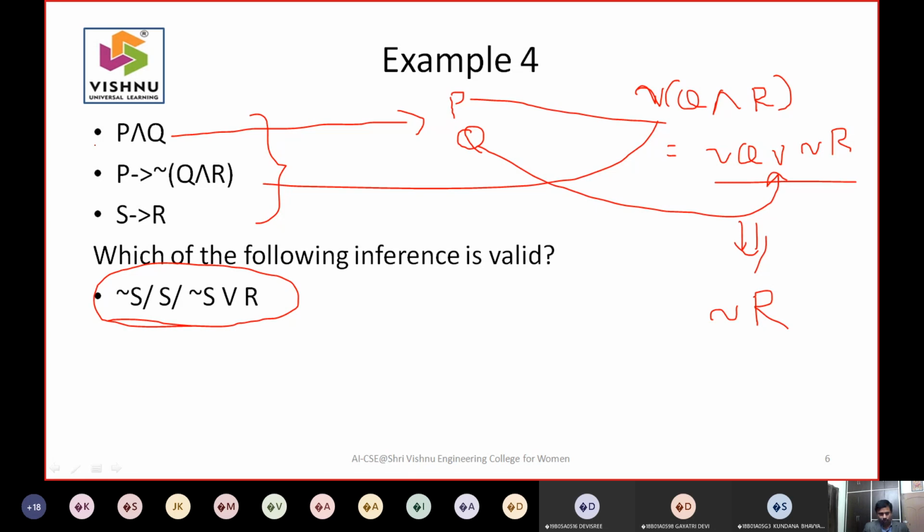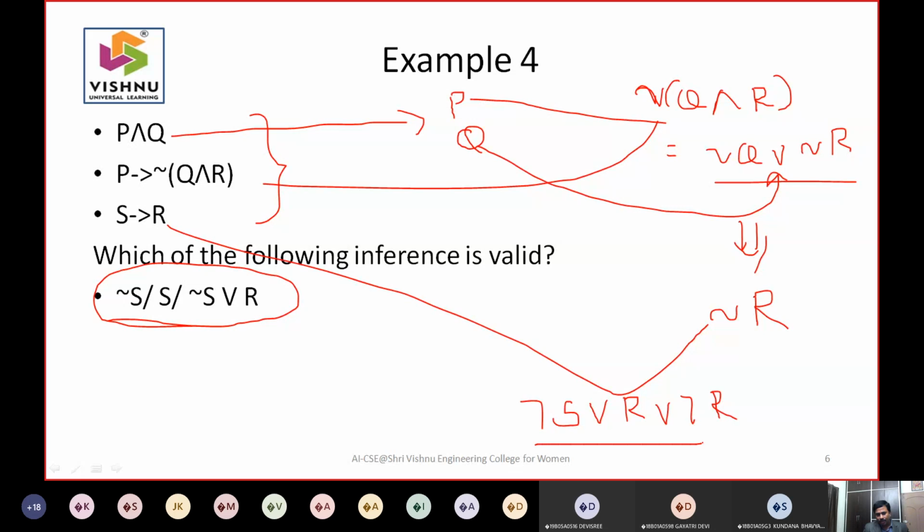So if you combine S to R and negation of R, because S implies R is negation of S or R, and you have a negation of R here. So obviously negation of S is a valid fact. So what you got is negation of S is a valid fact.